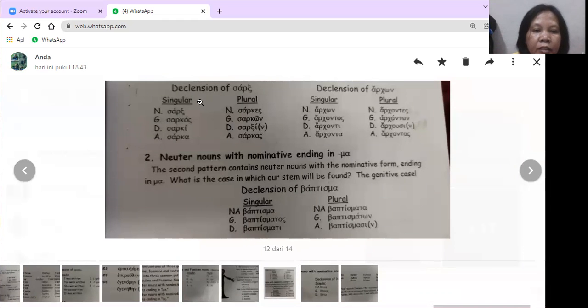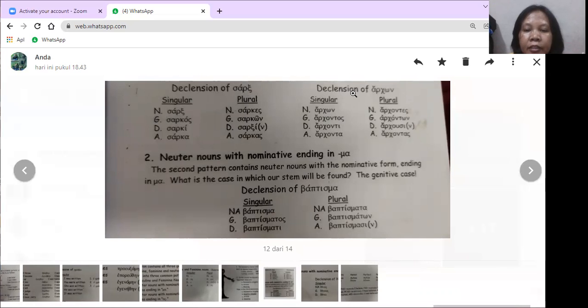That is the declension of archon, singular, nominative, genitive, dative, and accusative.